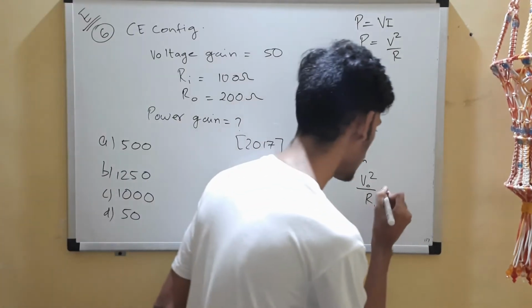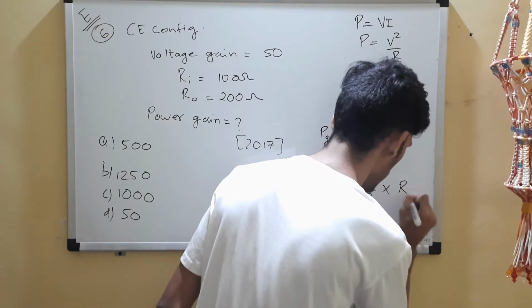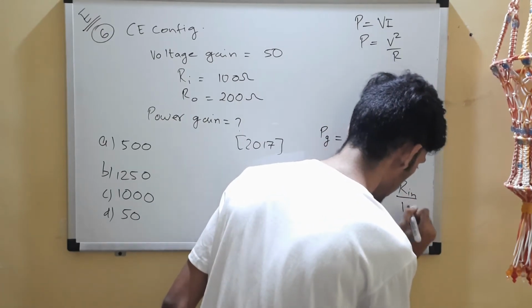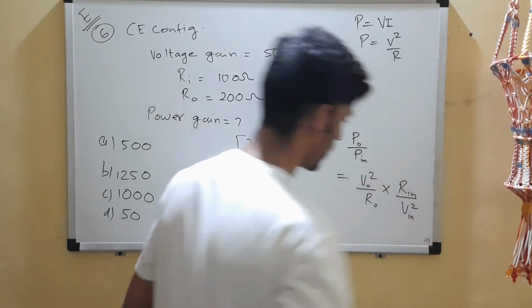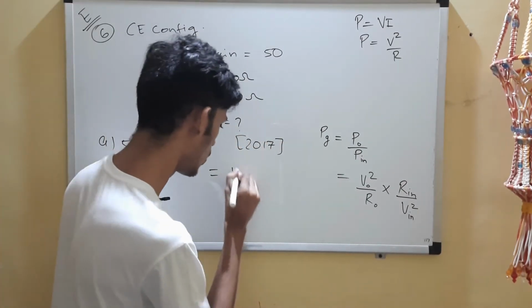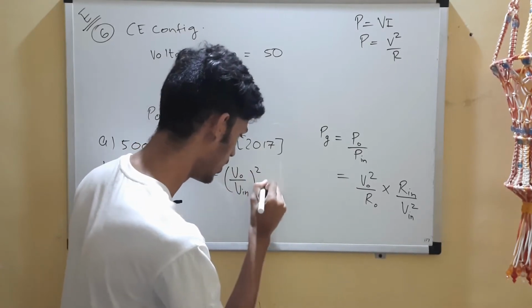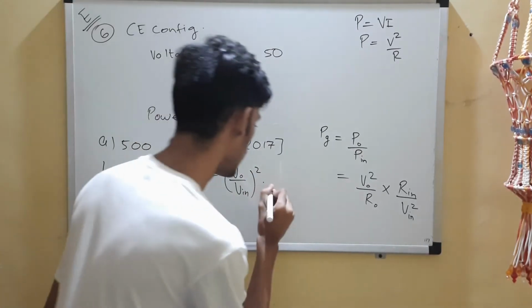Now input power can be written as just the reciprocal of that, so input resistance divided by input voltage square. So here we can write it as output voltage by input voltage the whole square into input resistance.